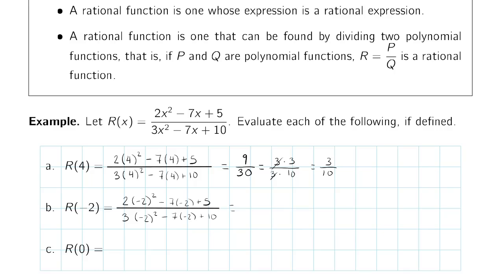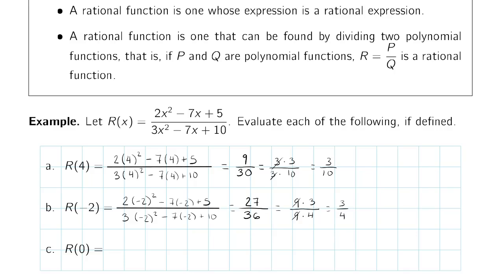Let's see what we get. In our numerator, we get 27, and in our denominator, we get 36. Again, we can leave it like that, or we can cancel a common factor of 9 and give this as 3/4.